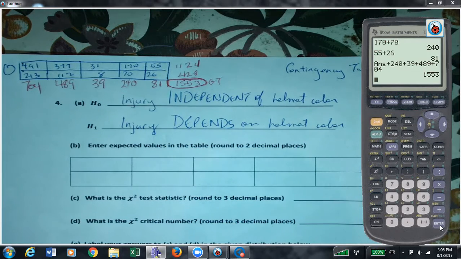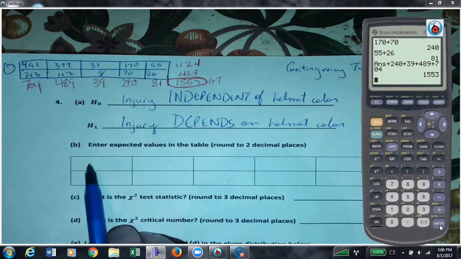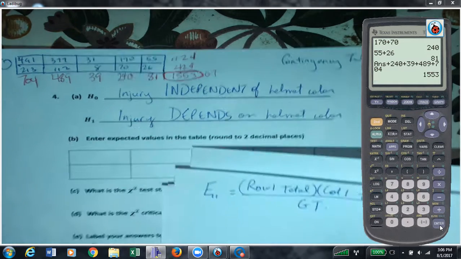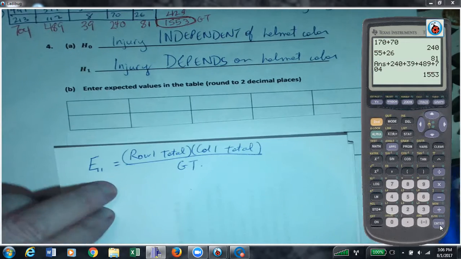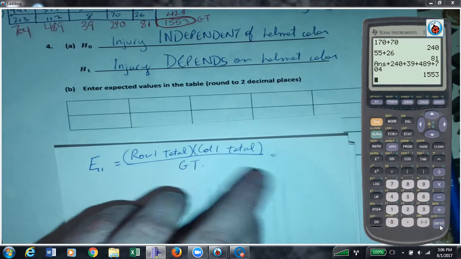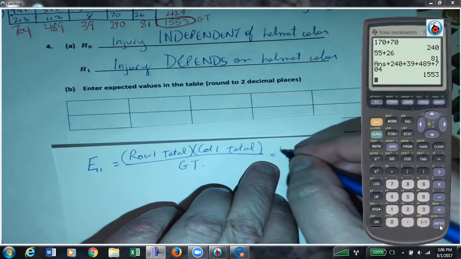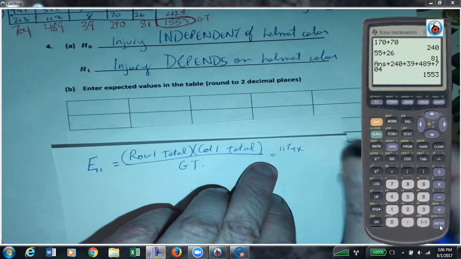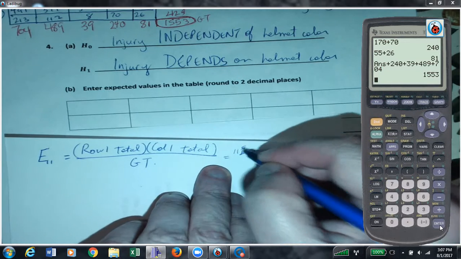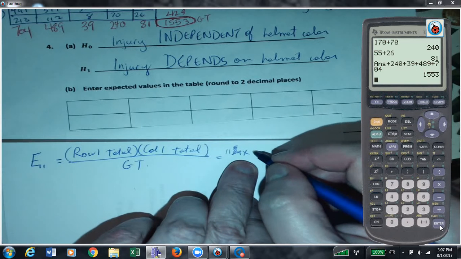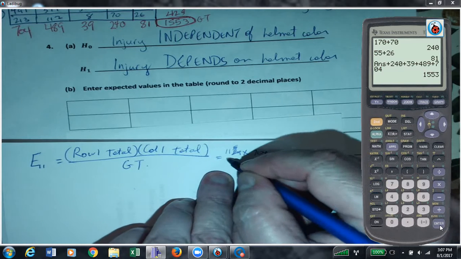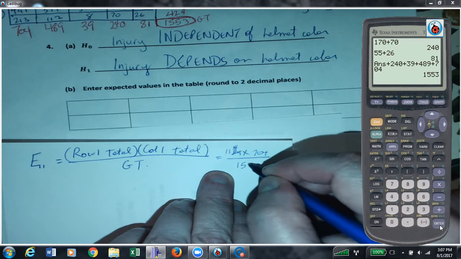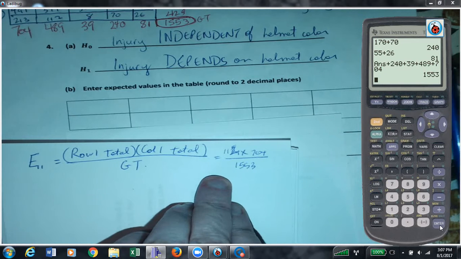Now, this lives in row 1, column 1, so that's E11, and it will be equal to the row 1 total, which is 1124, times the column 1 total, which is 704, divided by the grand total, 1553, and we want to round that to 2 decimal places.